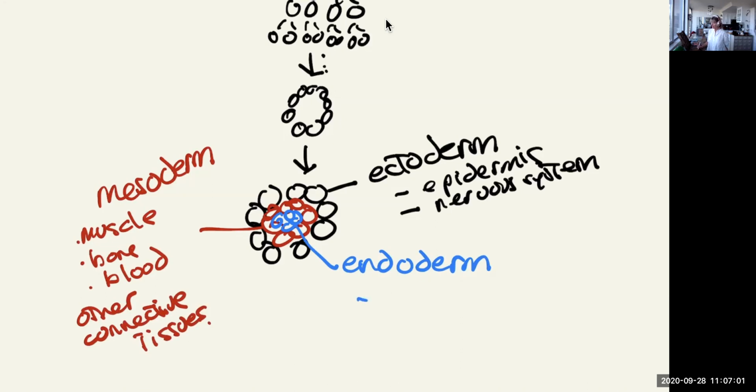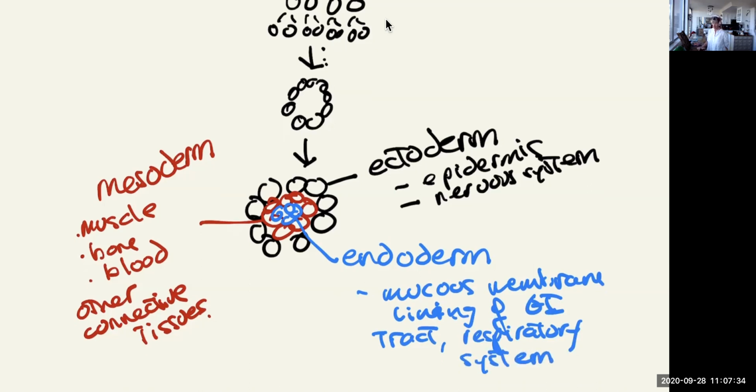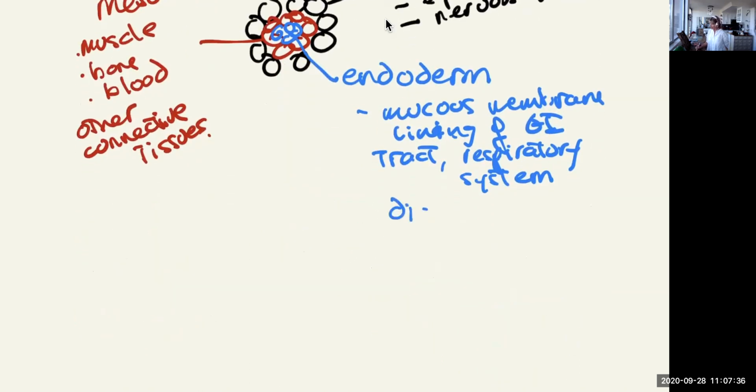Endoderm, on the other hand, forms the mucous membrane lining of the body, of our cavities, the GI tract and the respiratory system, and digestive glands.